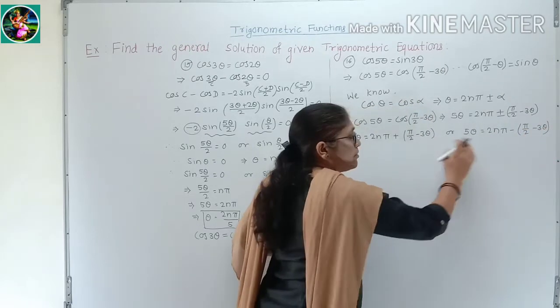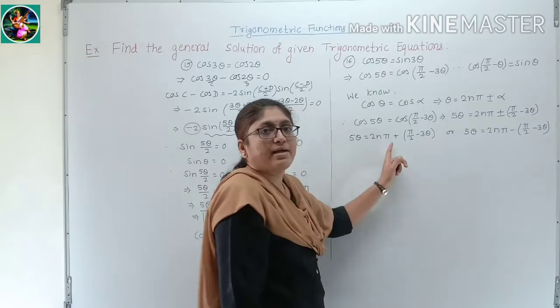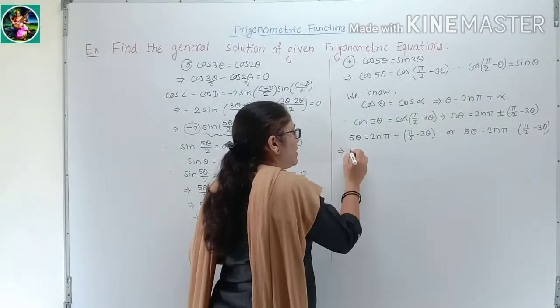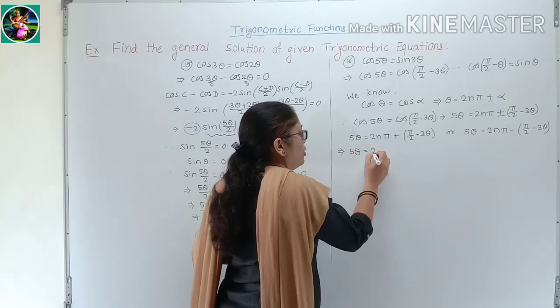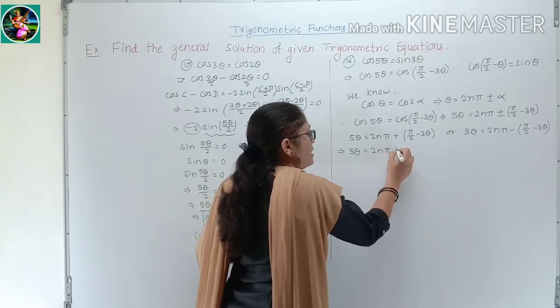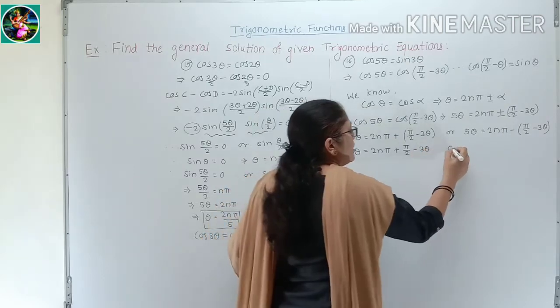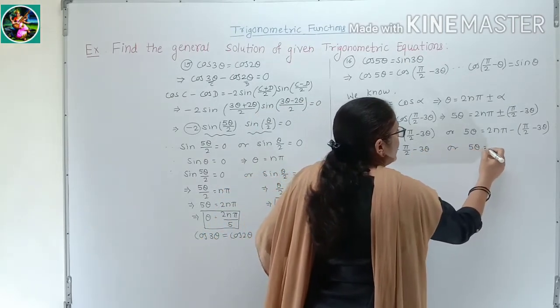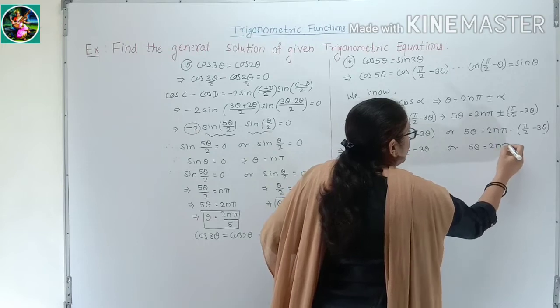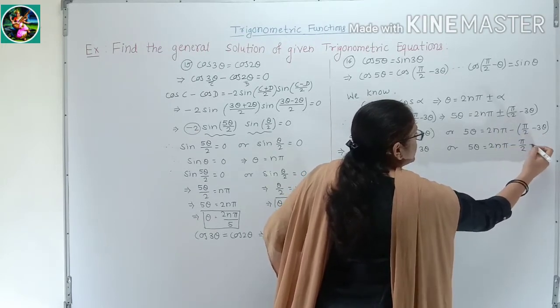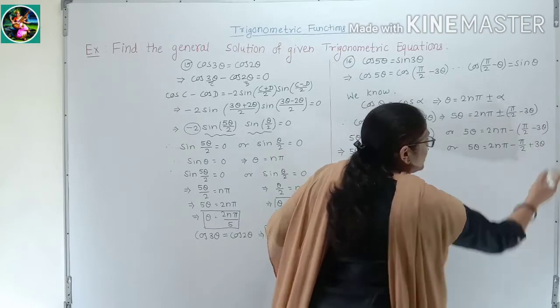If we solve the brackets in both the equations, we will get here 5 theta is equal to 2n pi plus pi by 2 minus 3 theta. And here 5 theta is equal to 2n pi minus pi by 2, and here minus of minus becomes plus 3 theta.